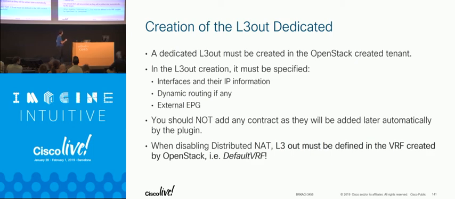By default, that's called the default VRF. We also support what are called address scopes in Neutron, so with an address scope, you can define a different name for the VRF you're using. But in any case, the L3 out must be in the same VRF where the Neutron networks are.